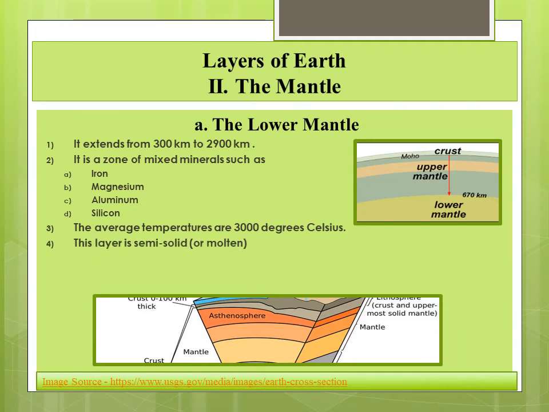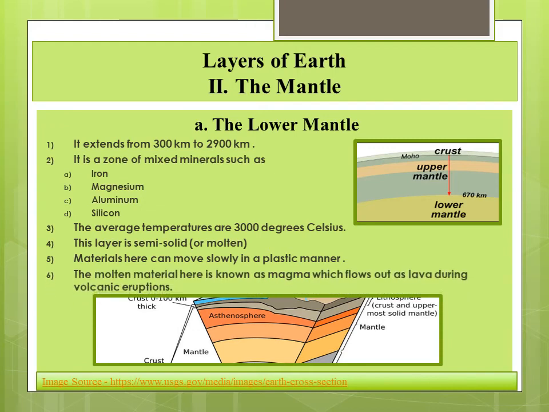This layer is semi-solid or molten. Semi-solid means half solid, half liquid. Materials here can move slowly in a plastic manner. Plastic manner means as the plastic moves. The molten or liquid material here is called magma, which flows out as lava during volcanic eruptions.